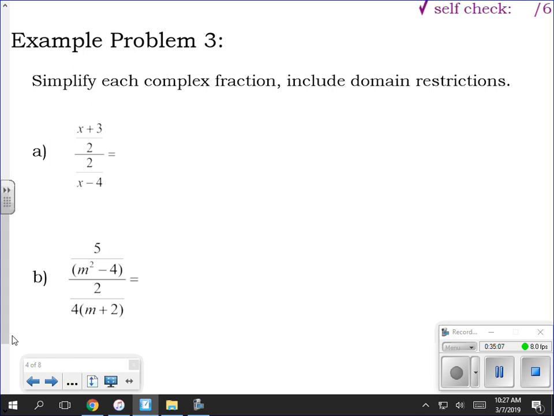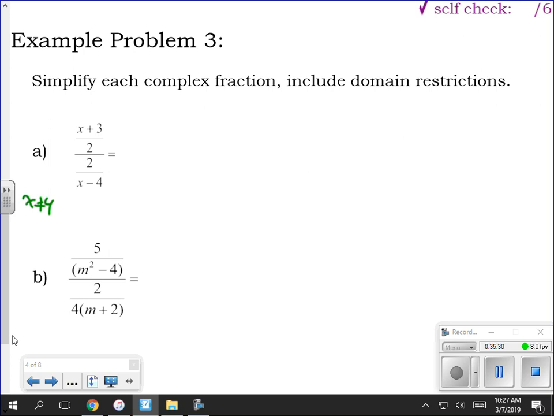X minus 4, x can't be 4. And because of the setup I have, if this numerator were 0, it would make my whole denominator 0. I'm not allowed to have that, but I don't have to worry about it here either. This is my only domain restriction.